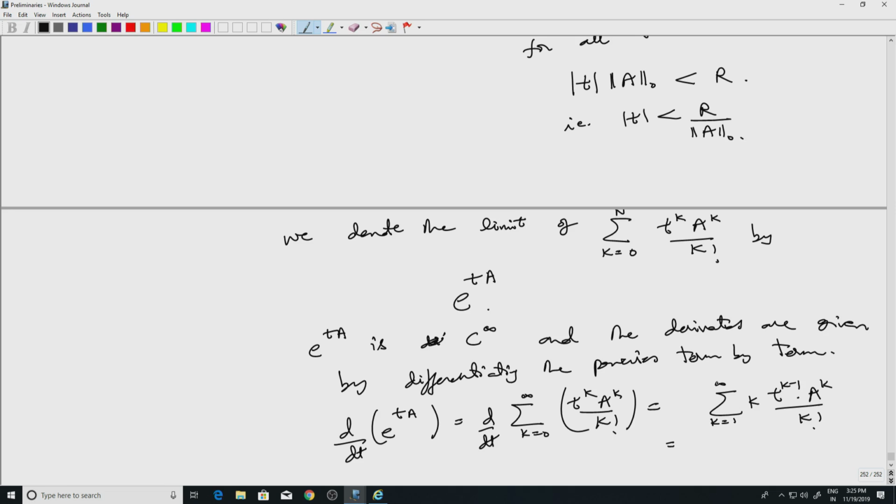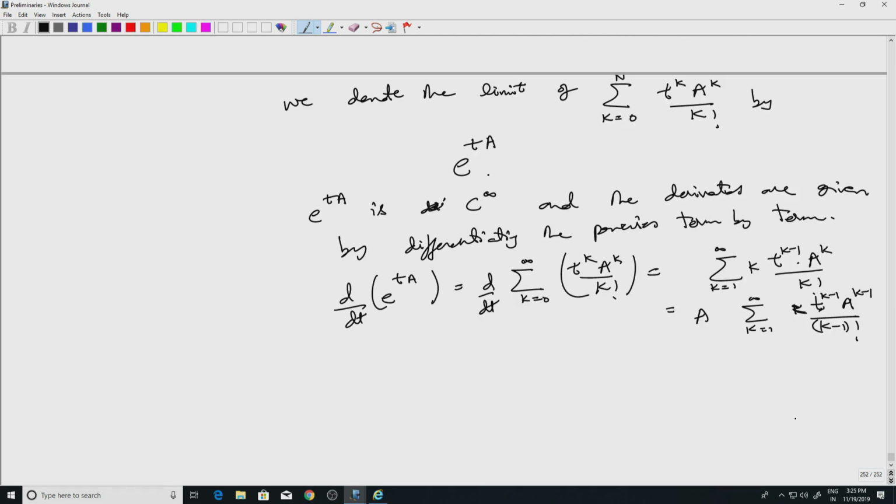I can bring out this a outside and write it as the sum for k equal to 1 to infinity of k t to the power k minus 1 a to the power k minus 1. This k cancels off, leaving k minus 1 factorial, which is just a times e to the power ta, by changing indices.